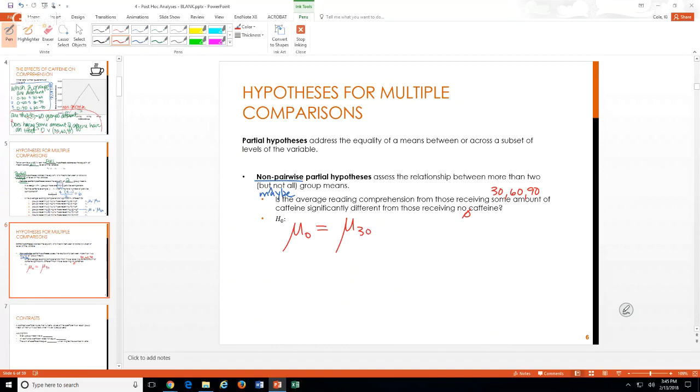Okay, I'll just go ahead and write them. Mu 30, mu 60, mu 90. But what combination of them? What's a way to mathematically combine those overall? Average. Plus, and divide by 3. Good. So we're looking at the 0 group compared collectively to the 30, 60, 90 groups. Very good.